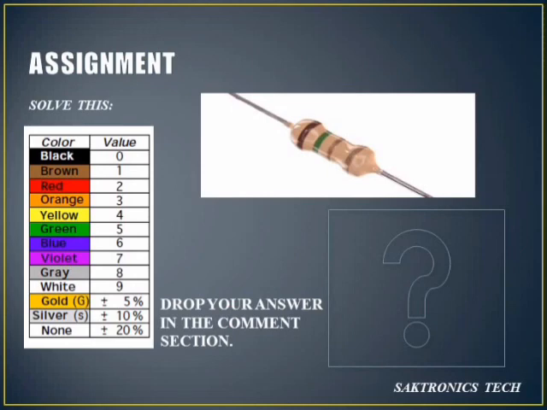I will tell you whether you found it correct or not. And one more question: after you find the value of this resistor, you should tell me from which side we are starting. Are we starting from the top or right, or from which side? Or are we going to start from the tolerance side, or from a color that represents a number?